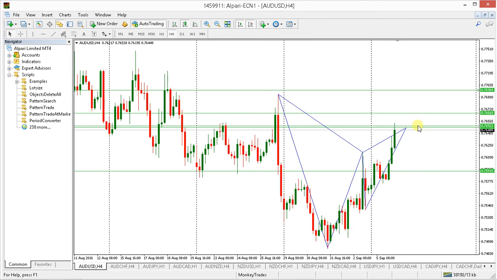So these three lines indicate the entry zone. This is stop, this is target. This is the way the pattern looks.